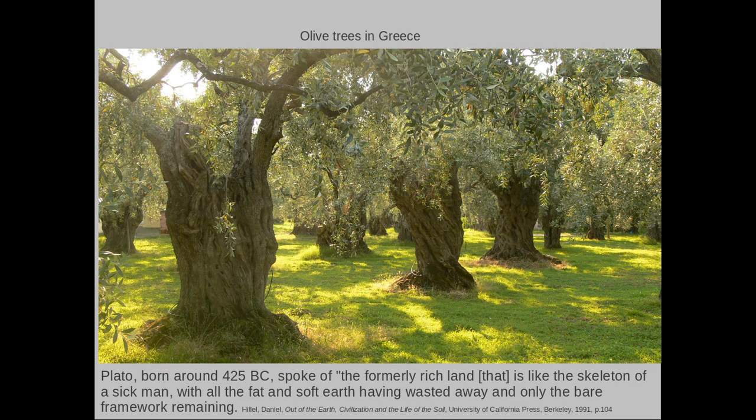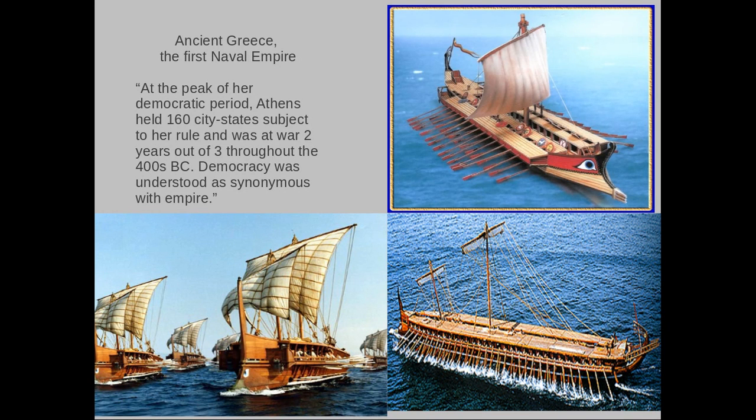And as early as 425 BC, we have this quote from Plato, who of course is well known as a philosopher. Plato spoke of the formerly rich land that is like the skeleton of a sick man, with all the fat and soft earth having wasted away and only the bare framework remaining. So the Greeks grew on their island, the population grew, the fertility of the land could only support a limited population growth, so they turned to warfare.